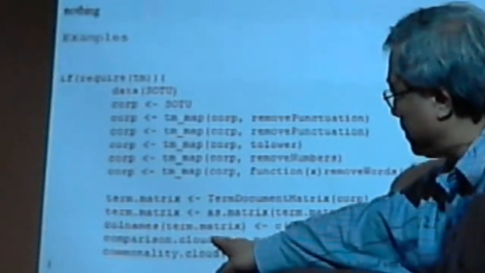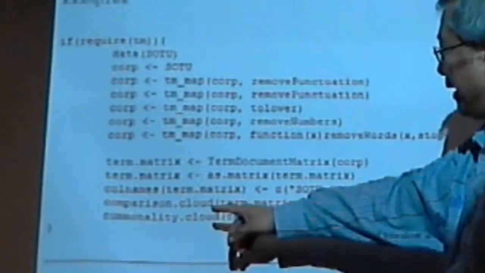But anyway, the comparison cloud would be like this. I didn't investigate the commonality cloud, maybe it looks at the common words. But it would be interesting to present your text documents in this way.